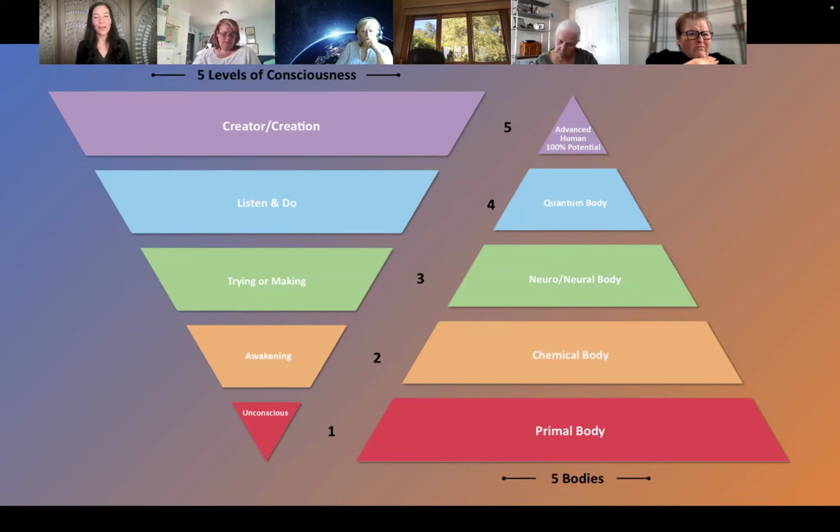Unfortunately, if we don't know how to hold consciousness, a lot of times the chemical of the awakening will run out. And then we're stuck with trying to make the choices. That's when we move into that third level of consciousness and we're trying to make it happen. At that point, the nervous system has taken over.